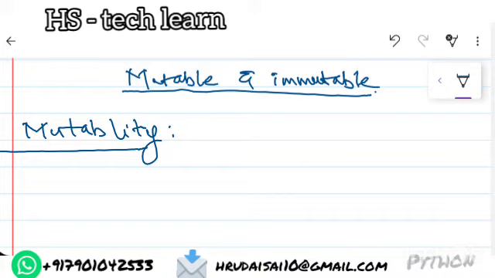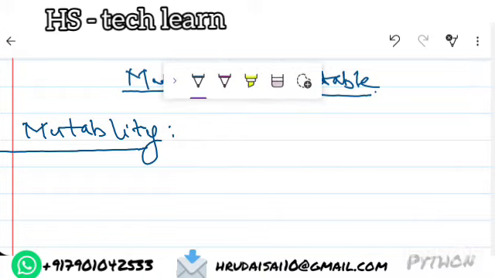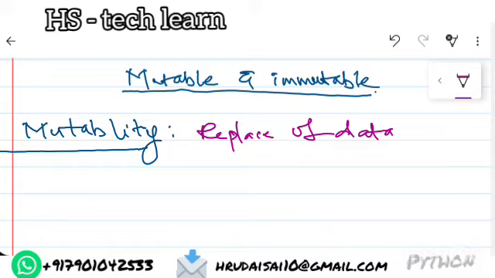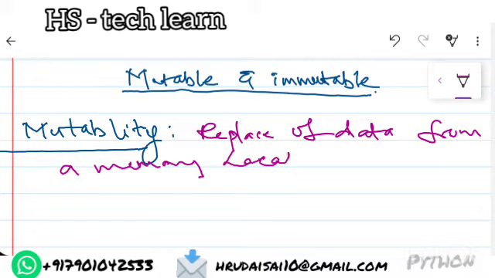Mutability means in the same memory address we can replace the value stored previously. That means replacing of data from a memory location. This is in simple terms.